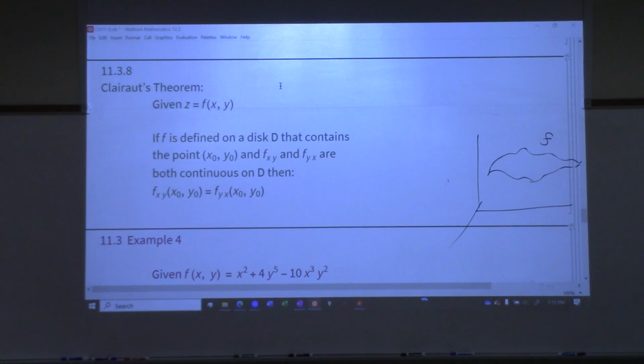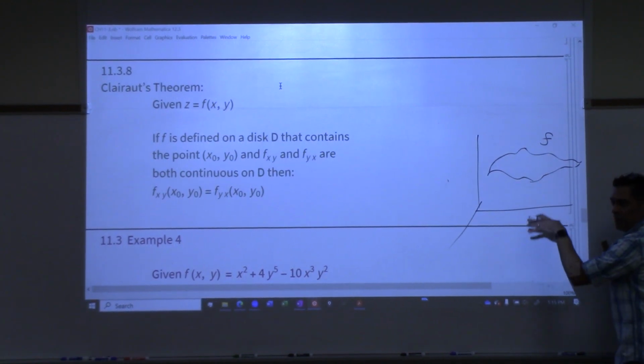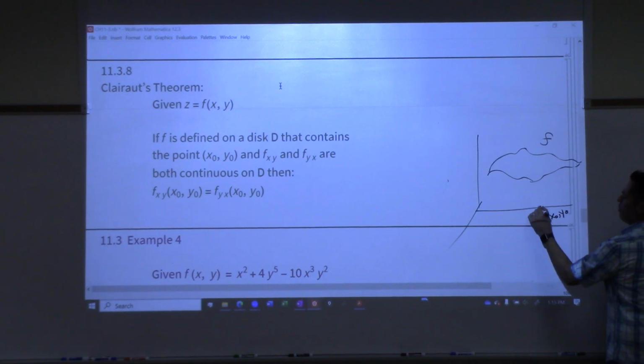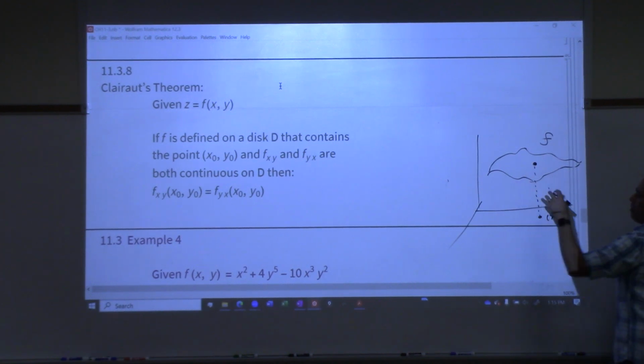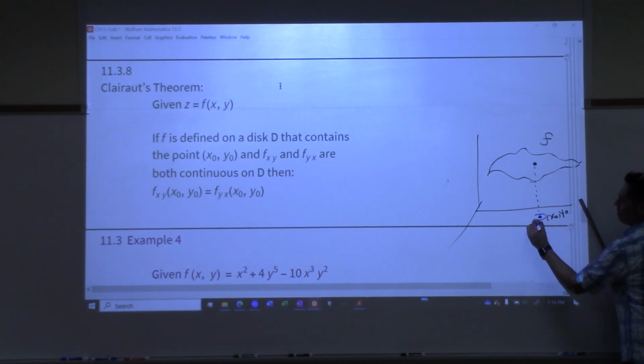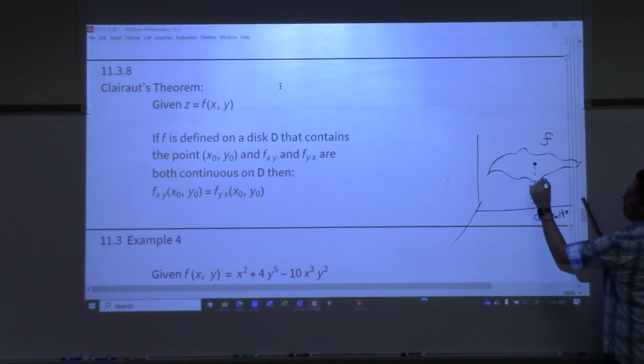It's saying if we're looking at some point, remember the domain of this function is on the ground, right? It's a point in two-dimensional space down here on the floor. That's our x naught, y naught. That gets plugged into the function and we land somewhere up here on that surface. This theorem says that as long as f is defined on some disk D that contains this point, so if you have a little disk here that goes around this point, and imagine mapping that up into here, that doesn't necessarily need to be a disk.